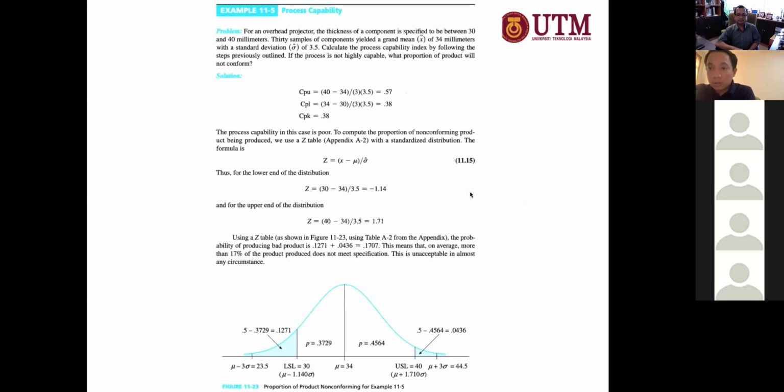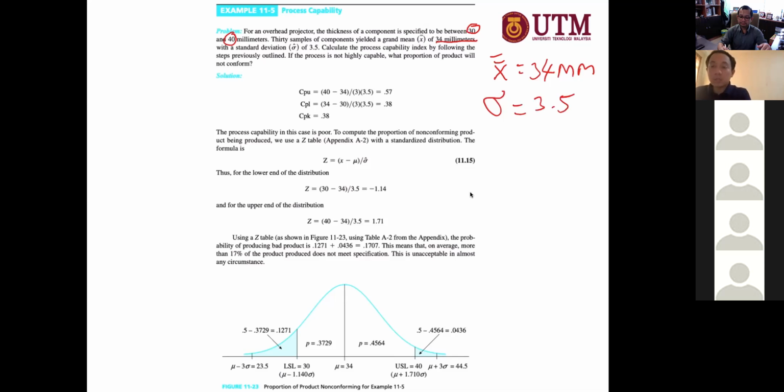So let's look at this example. Overhead projector, the thickness of the component is specified to be between 30 and 40. They set the tolerance, 30 and 40, for thickness. 30 samples yield 34 millimeter, that is the mean, and the standard deviation is 3.5.